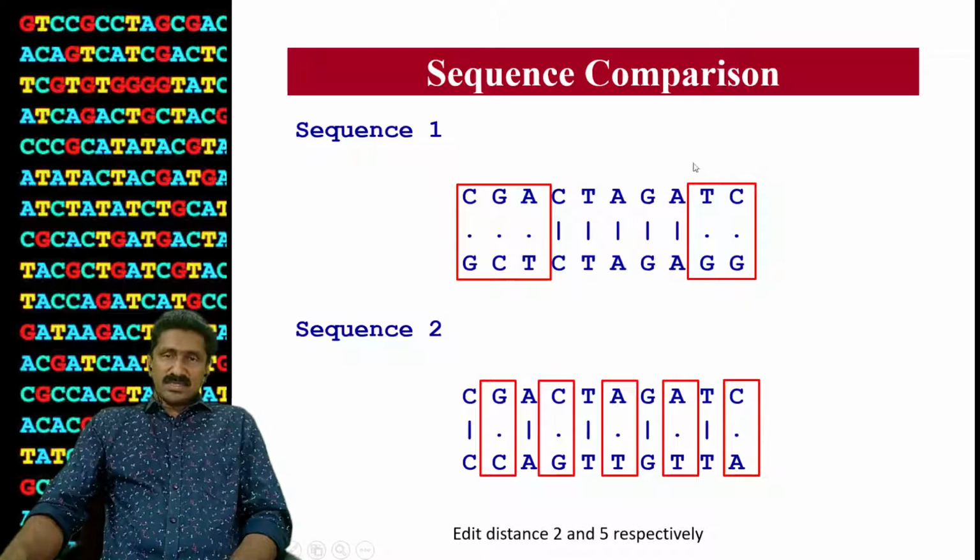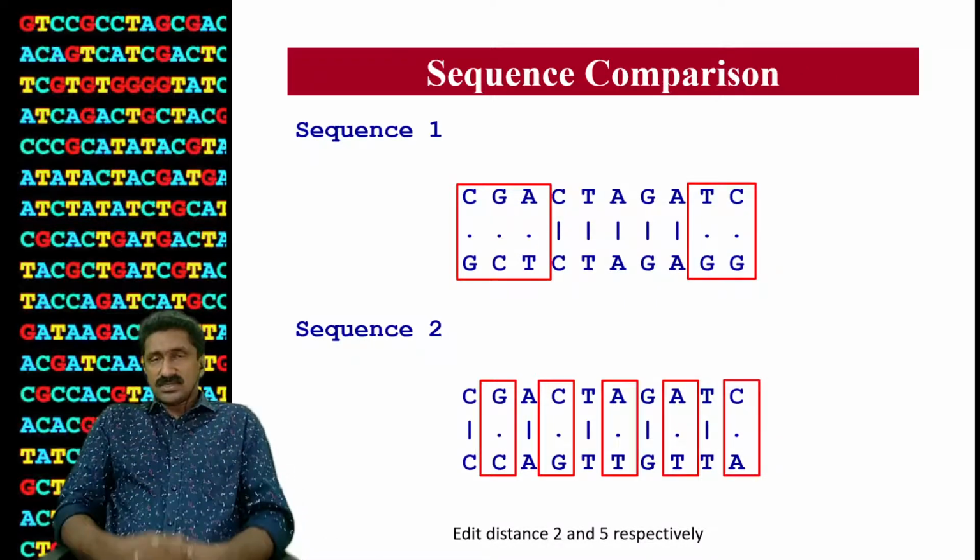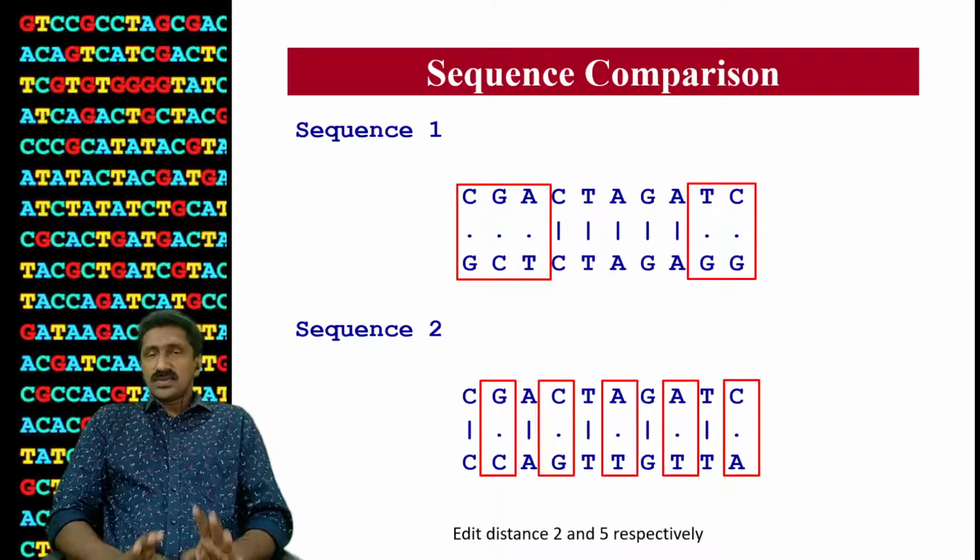So we can say that this is a better preserved sequence, and here we have a continuous 5-letter sequence which is conserved, and here it is not like that. So the possible number of mutations in the second string is higher. This is the result of the comparison, and the edit distance of the first sequence is only 2.